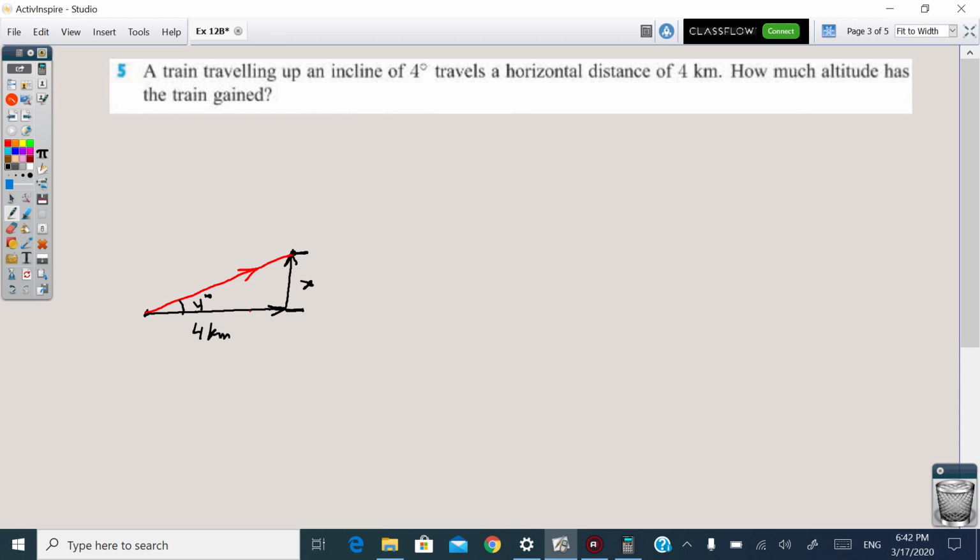Again, as far as the 4 degrees is concerned, x is the opposite, the 4 kilometers is the adjacent, and tan 4 degrees is equal to the opposite divided by the adjacent. And x equals 4 times tan 4 degrees. And you can work this out.